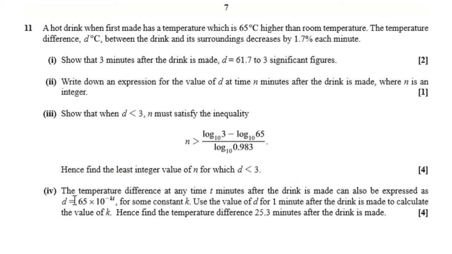That's a whole lot of just not English, but you'll know how to do it by the end of this video. Temperature difference at time t after the drink can also be expressed as this for some time constant k. Use the value d is 1 minute to calculate k and find temperature after 25.3 minutes.